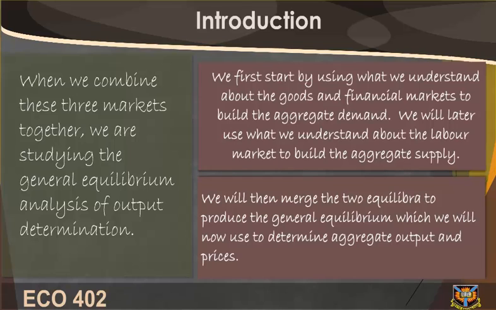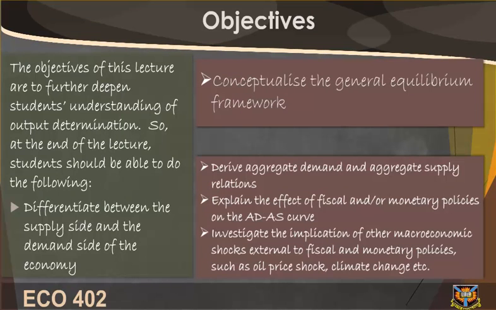We will later use what we understand about the labor market to build the aggregate supply. We will then merge the two equilibria to produce the general equilibrium, which we will now use to determine aggregate output and prices.